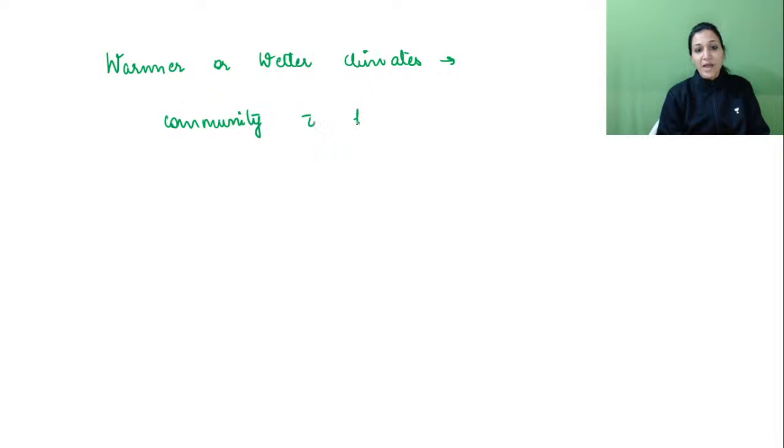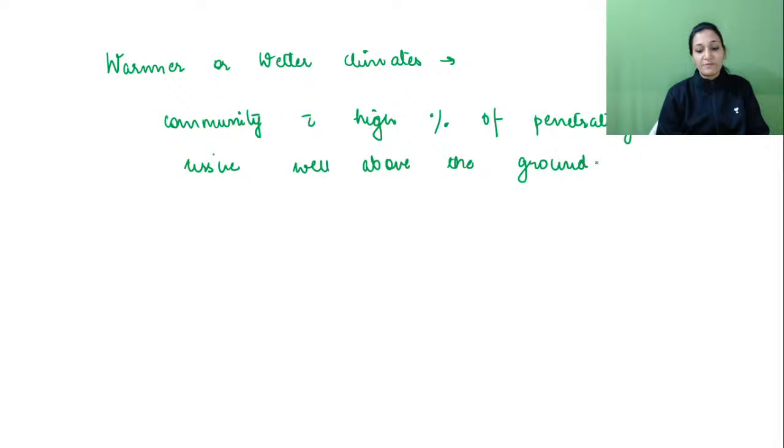Community with a high percentage of perennating tissue well above the ground. We have talked about that. That is phanerophytes. So in a warmer or wetter climate, a high percentage of perennating tissue well above the ground is called phanerophytes.